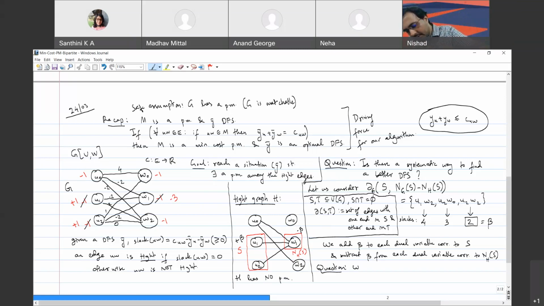Why does this give us another dual feasible solution?